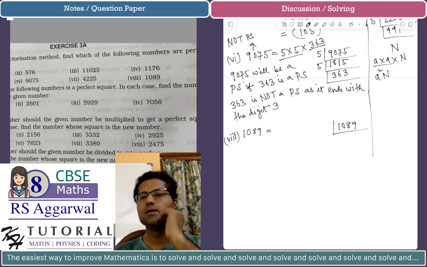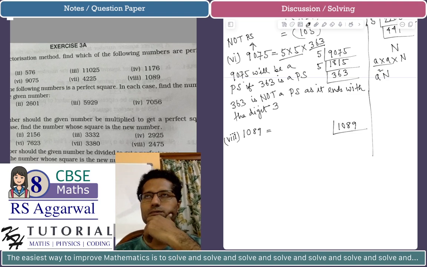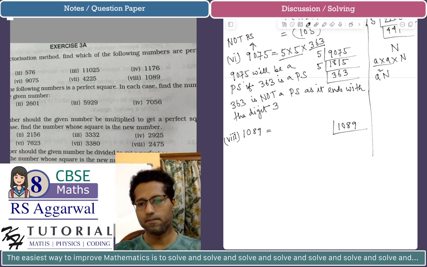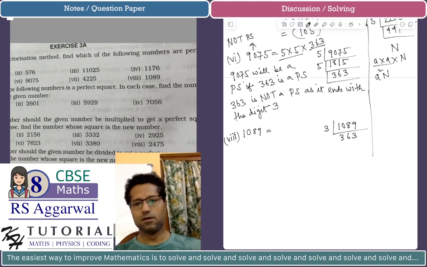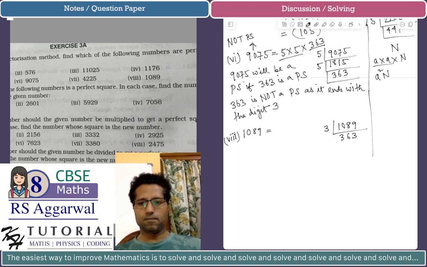So will it divide by 3? Yes, it will divide by 3. So 3, 6, 3. Now here is a tricky problem. We can see that 1089 is 3 into 363.